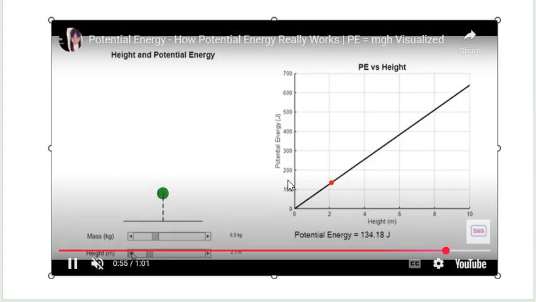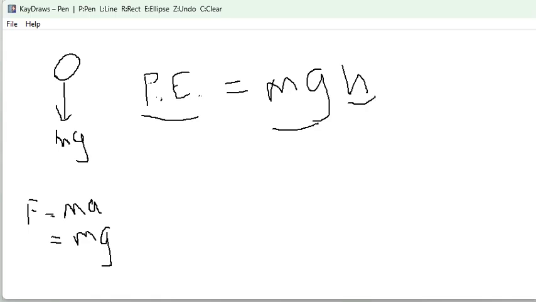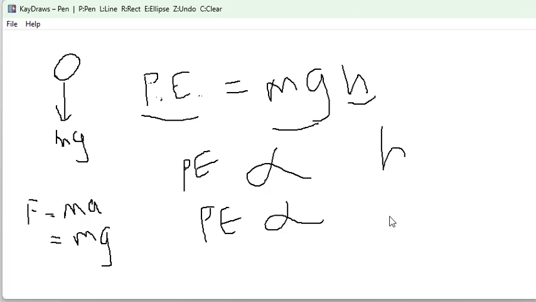So we are going to go back to this, and here your PE is directly proportional to H. Your PE is directly proportional to M.